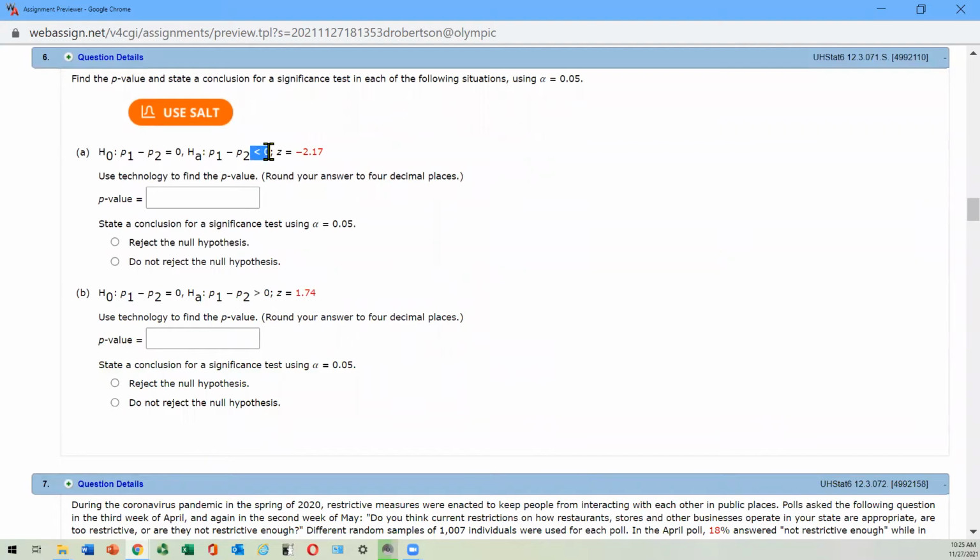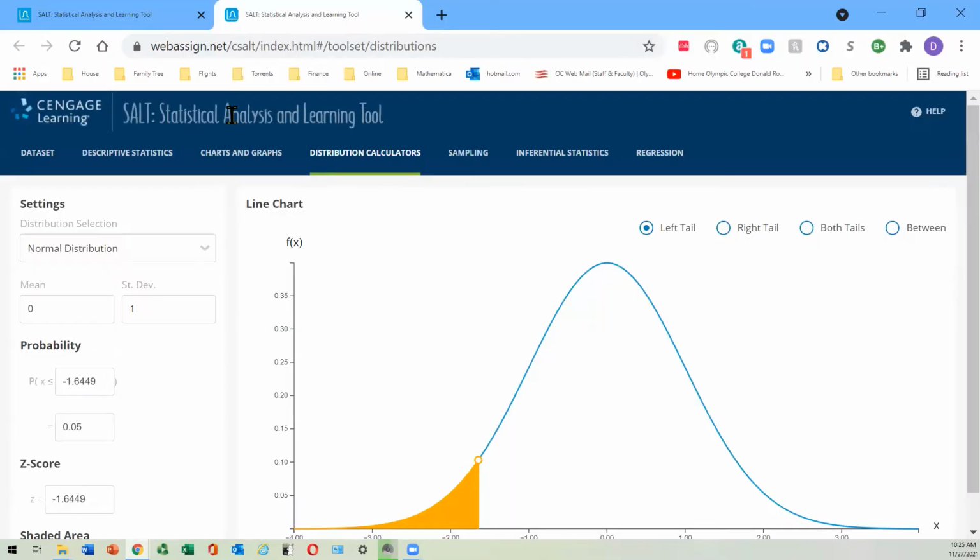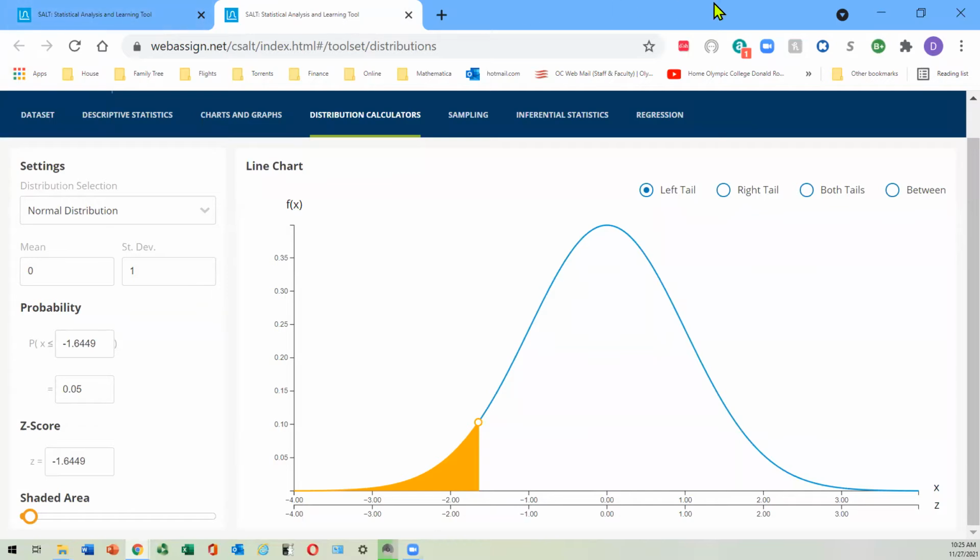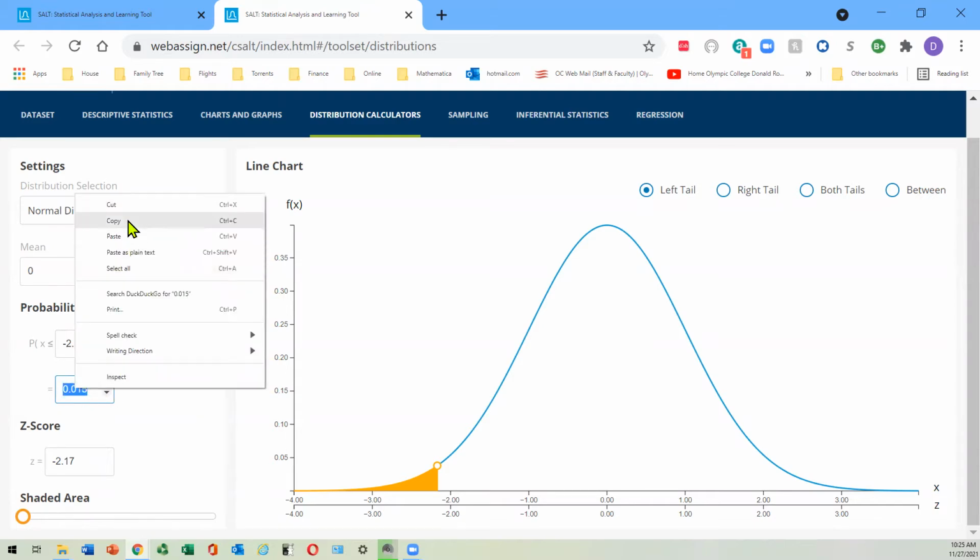We're looking for a less than again. Here's our Z. Less than negative 2.17. So less than negative 2.17. The answer we get for our p-value is this fella here.